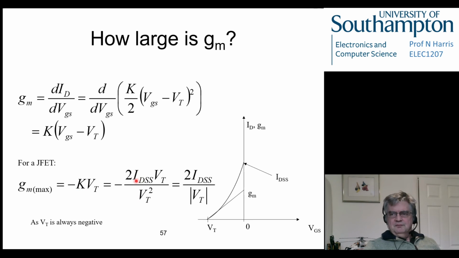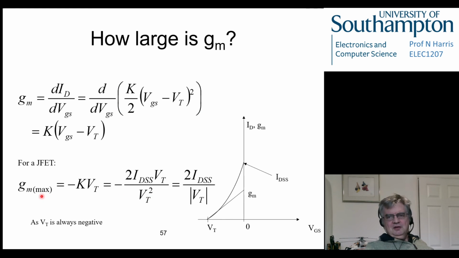It's 2 IDSS over VT squared, and this allows us to calculate a value for gm max based on IDSS, which remember we get from the datasheet, and VT, which we also get from the datasheet. Okay, so it's just a question of using those two basic equations. And remember, there are only two equations that apply to the FETs. There's a little bit of remembering, I suppose, but it's not too bad.